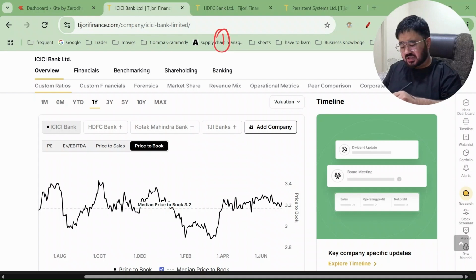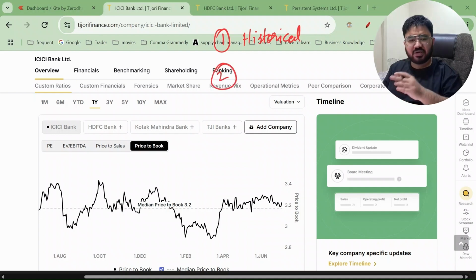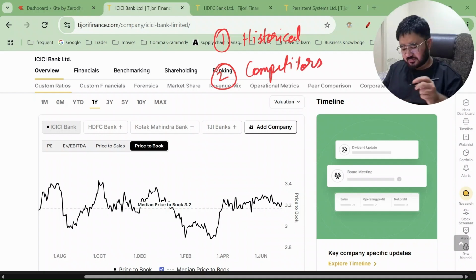One is that you could analyze it by itself, like historical value. And second, you could compare it with its competitors. So these are the two ways how we could effectively use this price to book.